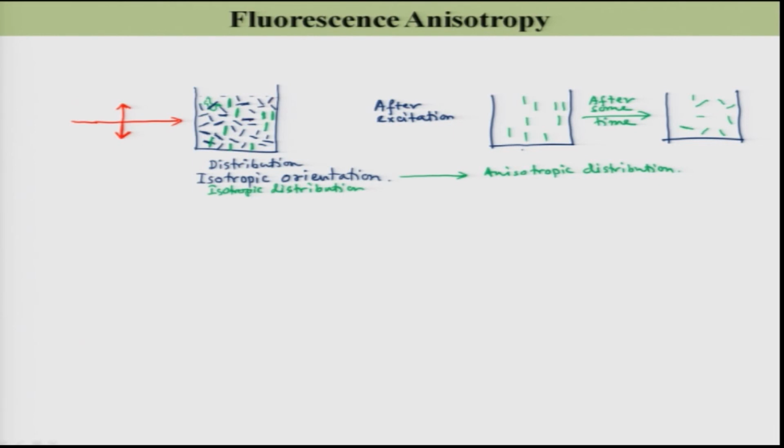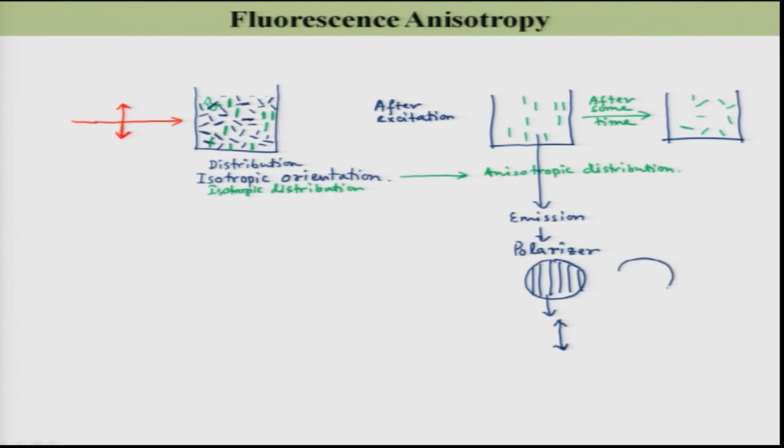If you see the emission intensity as a function of time, the total emission intensity will decay as per its natural lifetime. But if you look at the emission after passing through that special optical element, which I said is a polarizer, if it is oriented this way, it will pass the light which is vertically polarized.